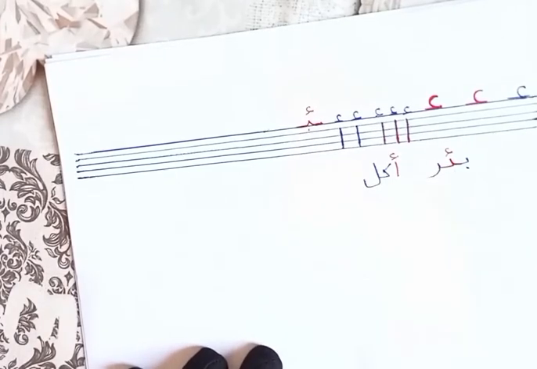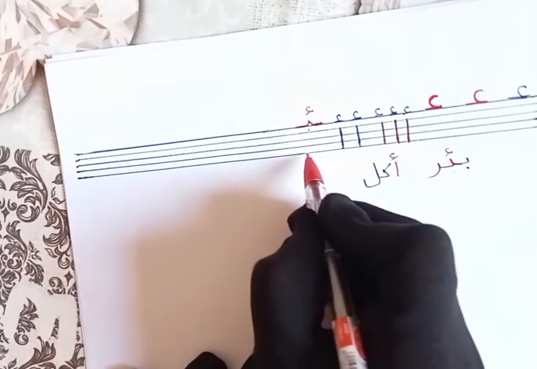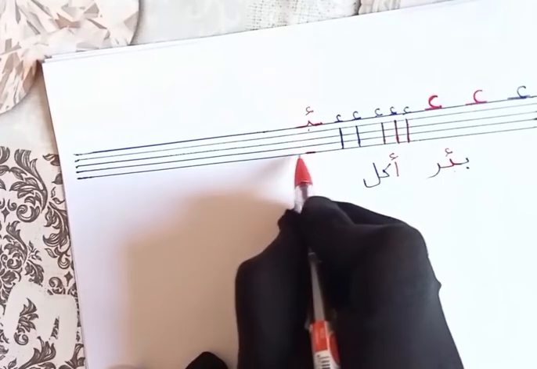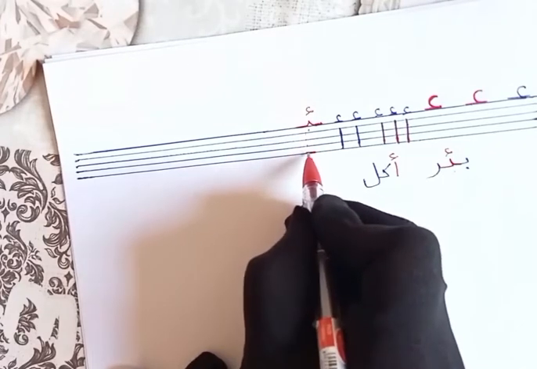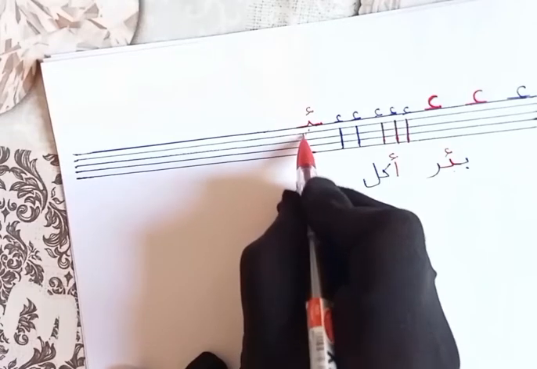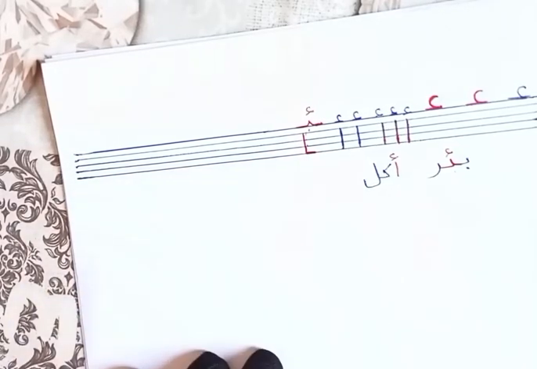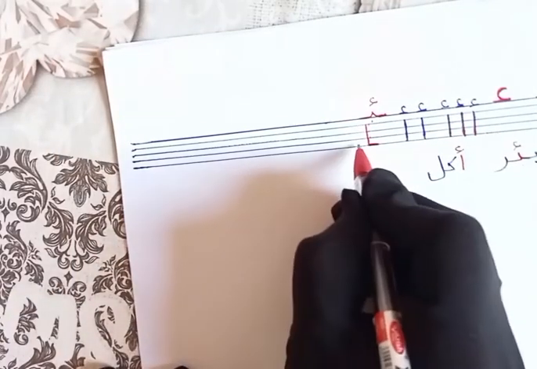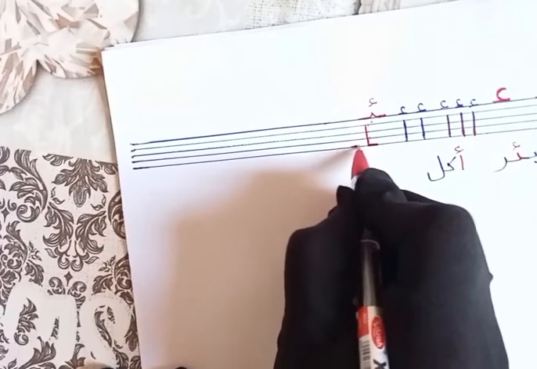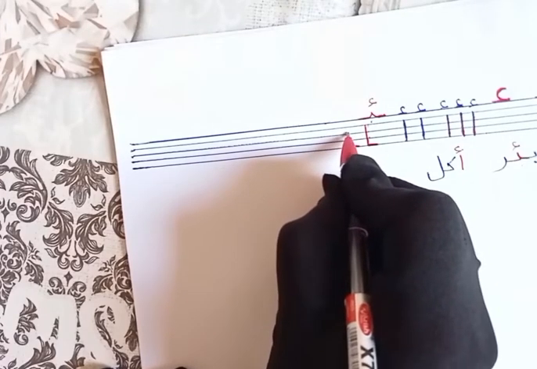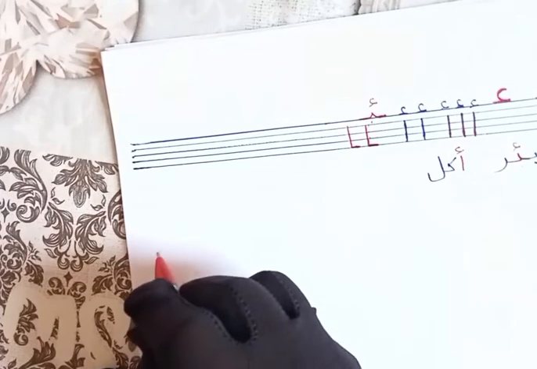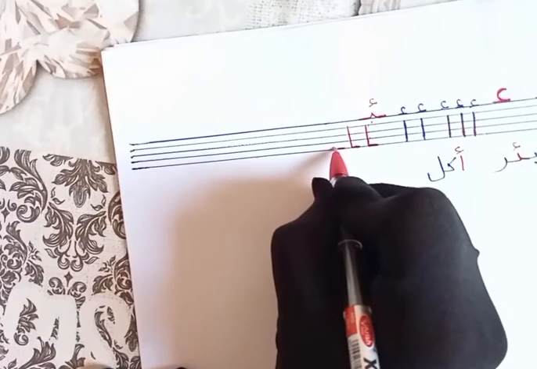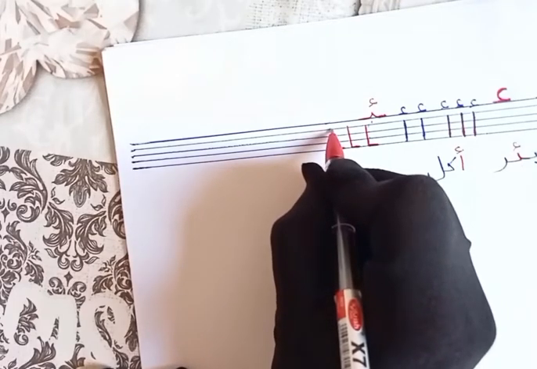Now, ALIF by the end of the word. We make small line on the last line, and then we count 1, 2, 3, 4 up. Another one, small line, and 1, 2, 3. Another one, small line, and 1, 2, 3.